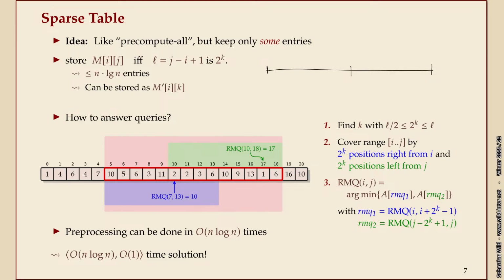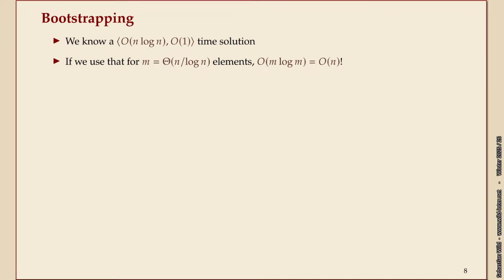And that indeed works. It gives you a slightly different trade-off. If you take somehow a cleverly constructed input that has n divided by log n elements, then n log n turns into linear time. Okay, that's easy.